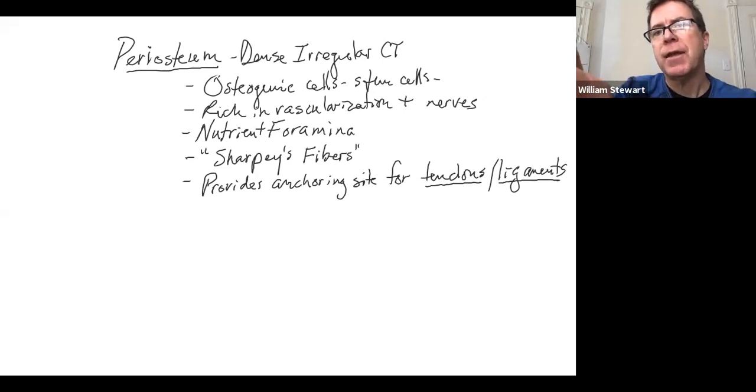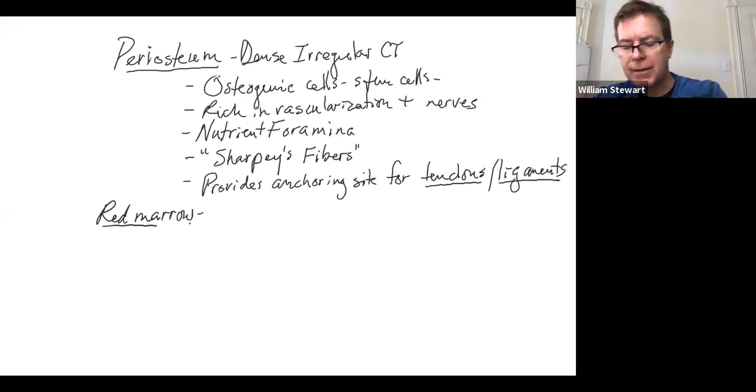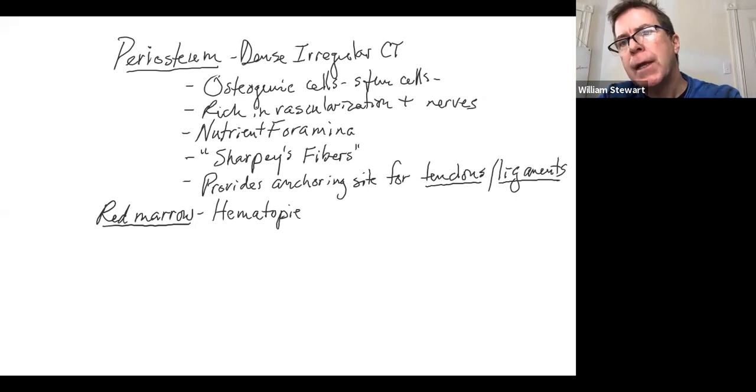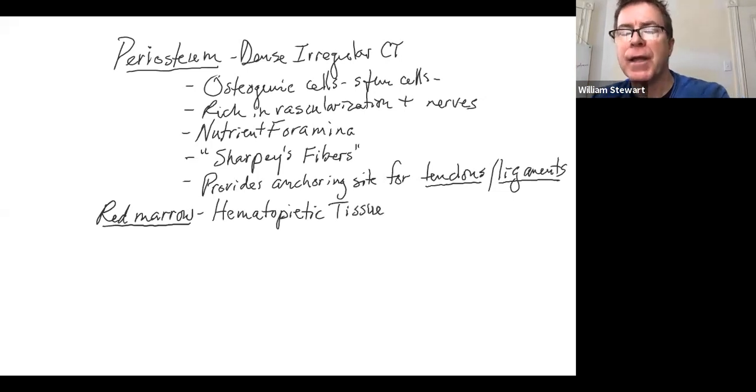Now I'm going to say a few things about red marrow. I think I said this verbally, but I'm just going to jot down a few things. We call red marrow hematopoietic tissue because we just said hematopoiesis means the synthesis of blood cells.